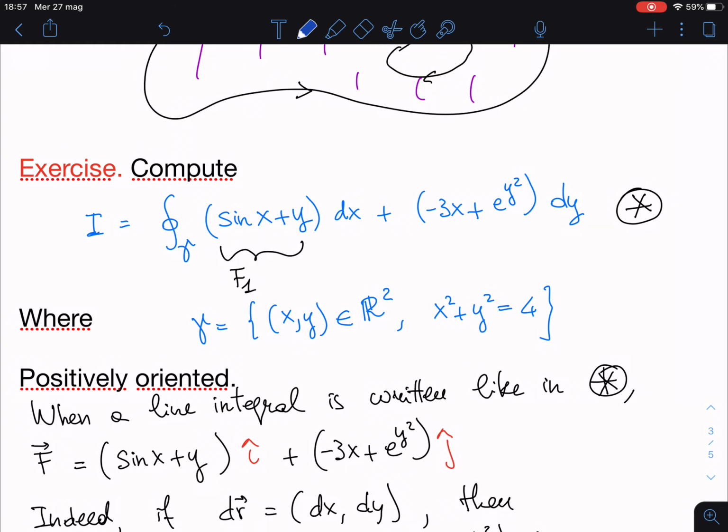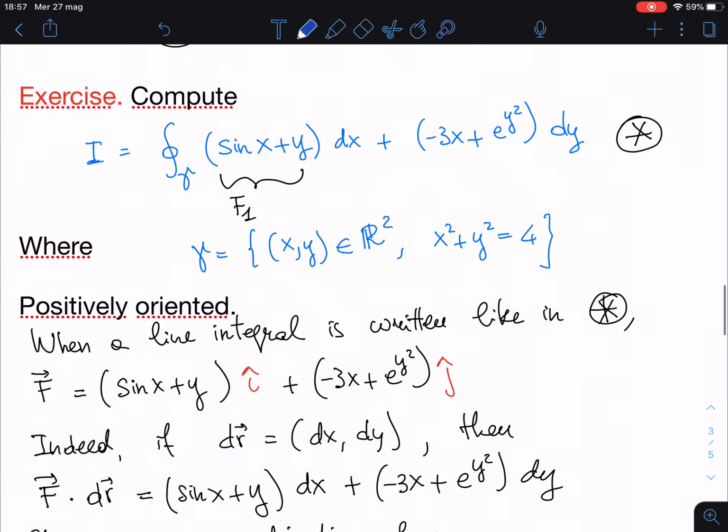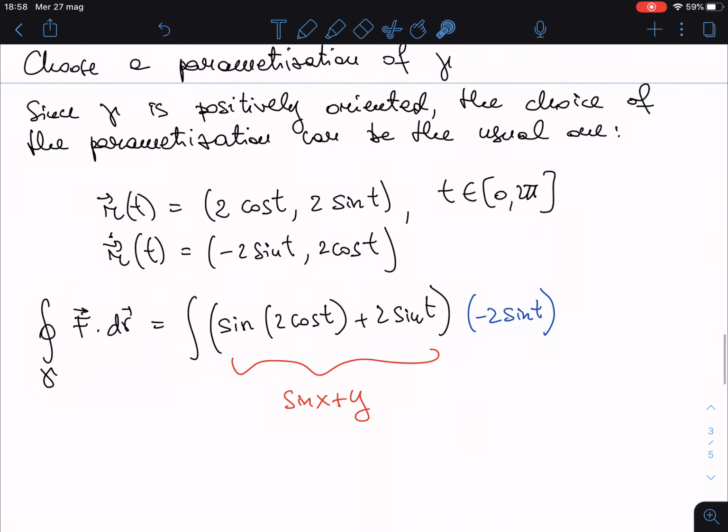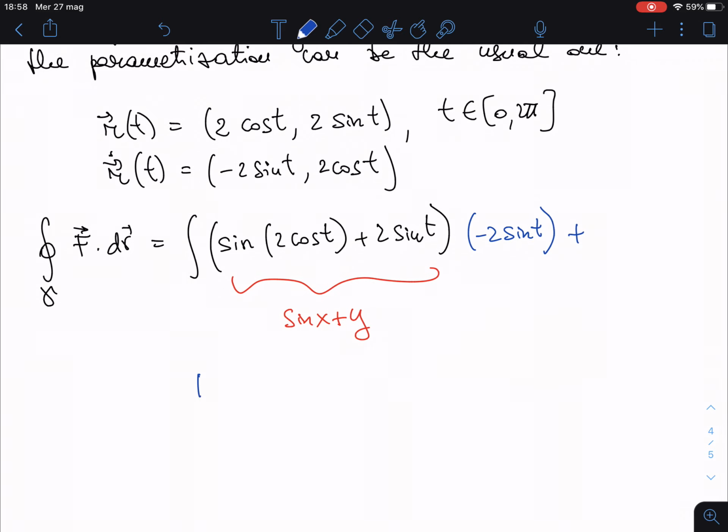plus minus 3x plus e to y squared, so plus minus 3x is 2 cos t, plus e to the 4 sine square of t.